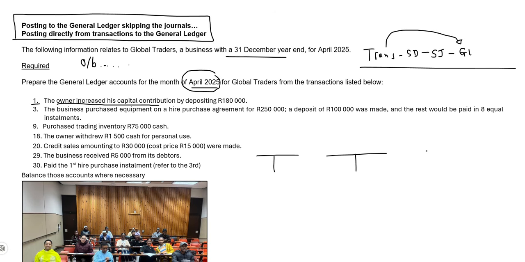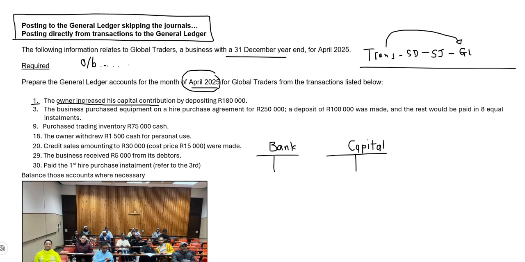Every time you do a transaction, you read the transaction and identify which accounts are involved. In this example, on the first, the owner put money into the business bank account. One of your accounts will be bank. If the owner puts anything into the business, it will get recorded in the capital account. The owner normally makes a cash contribution or can contribute an asset.